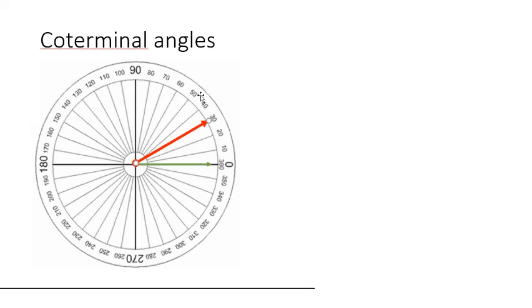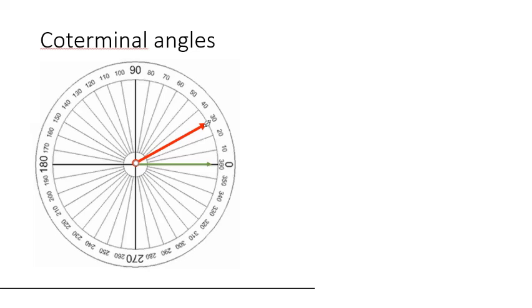Even if we went 2 rotations, so now we're at 390. Let's go another 360. Now we're at 750. So if we go around here twice, we end up back where we started.